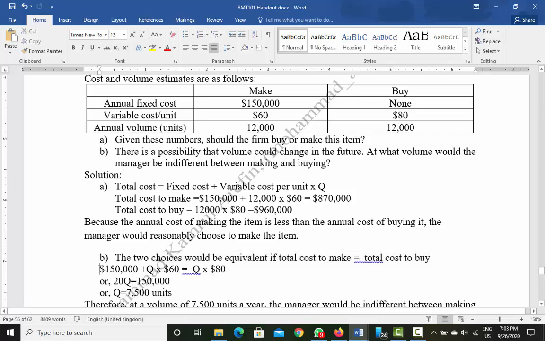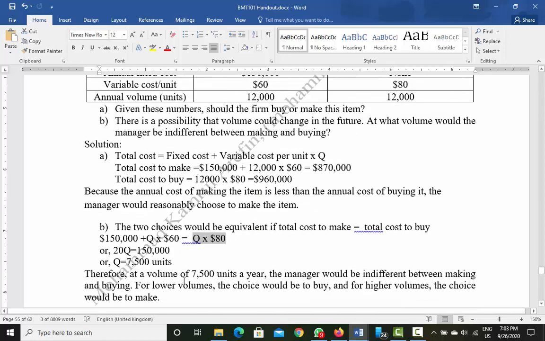So this is the total cost to make, that means fixed cost plus variable cost, and here there is no fixed cost, so only variable cost, that is 80 multiplied by Q. Now if you solve it, you will see the value of Q is equal to 7,500 units.